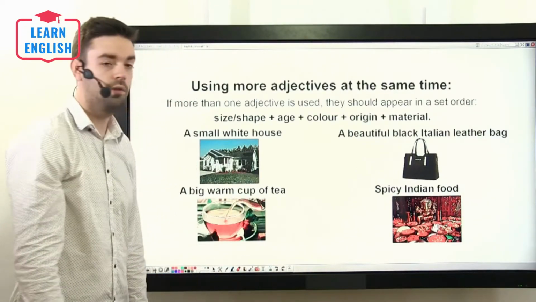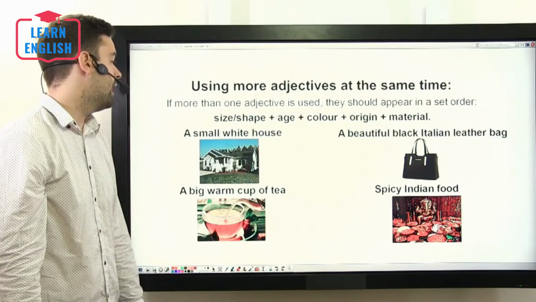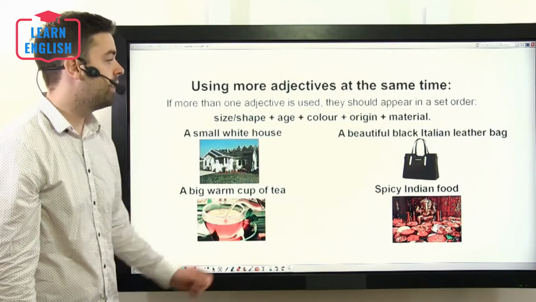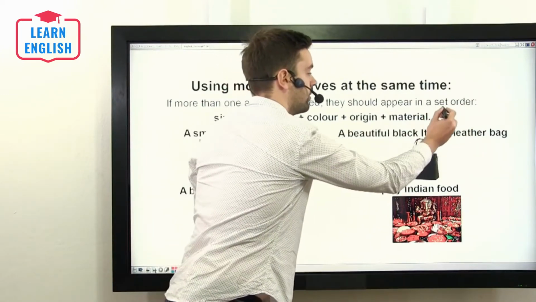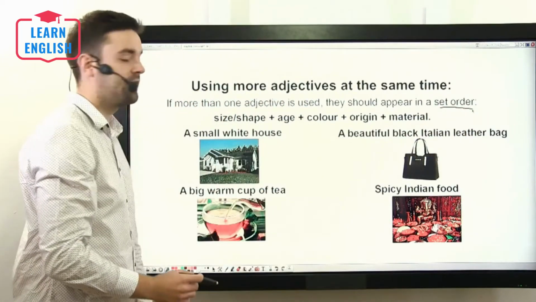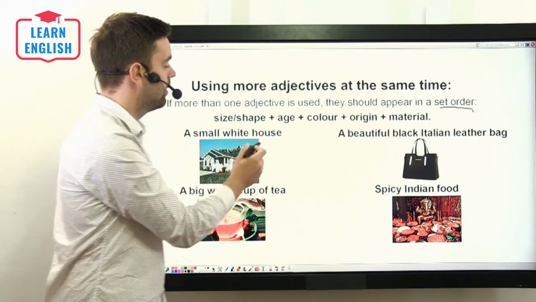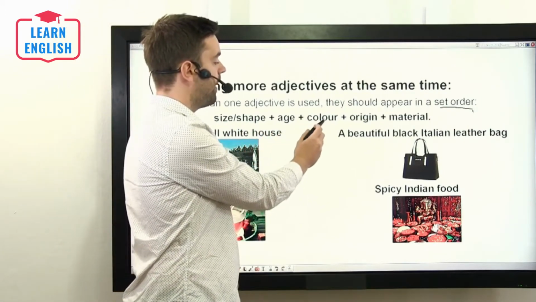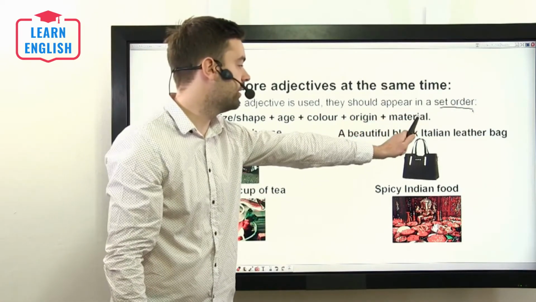So we can also use more than one adjective at the same time. If more than one adjective is used, they should appear in a set order, and the order is this: the size or shape, then the age, then the color, then the origin, and then the material.